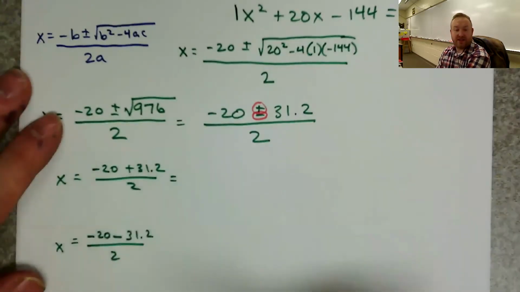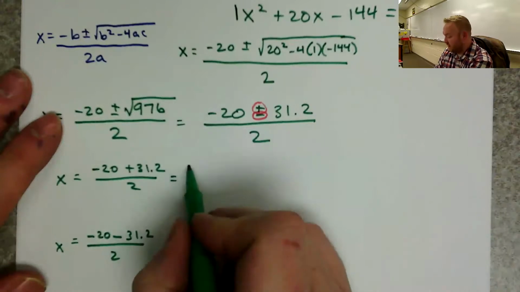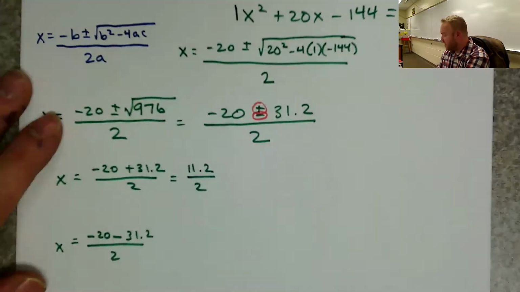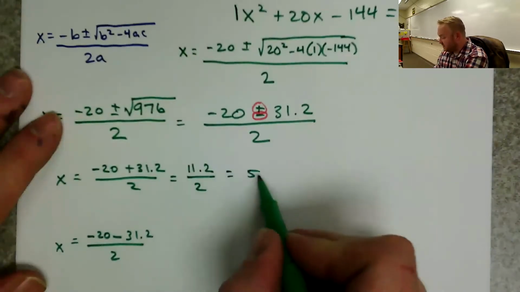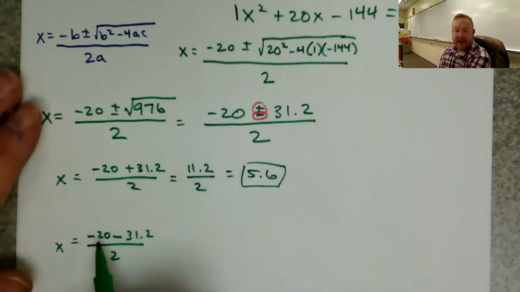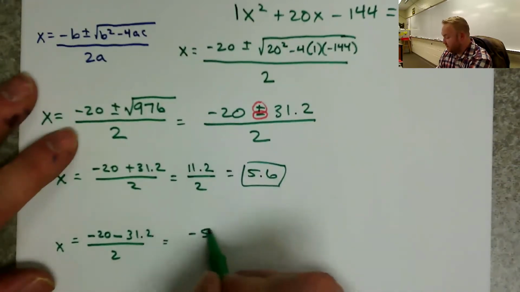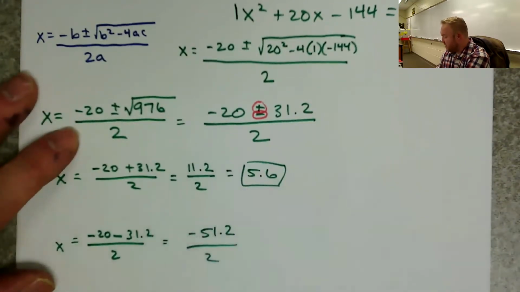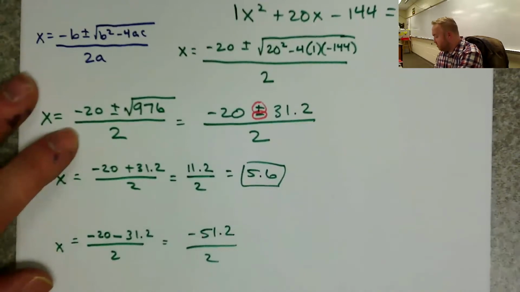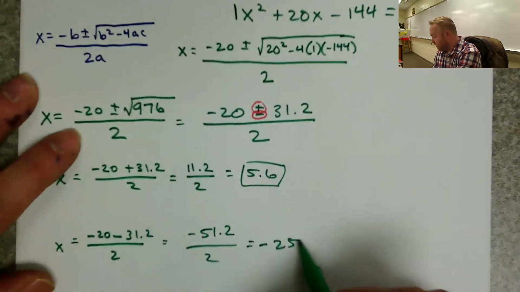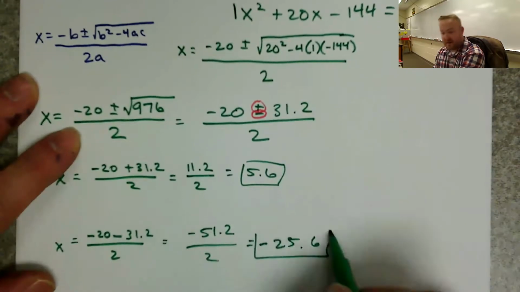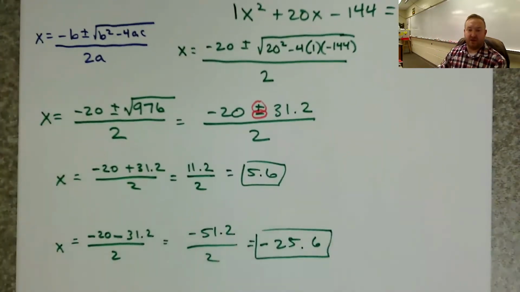Negative 20 plus 31.2 is 11.2 divided by 2 is 5.6. Negative 20 minus 31.2 would be negative 51.2 divided by 2 is negative 25.6. And there is our final solution.